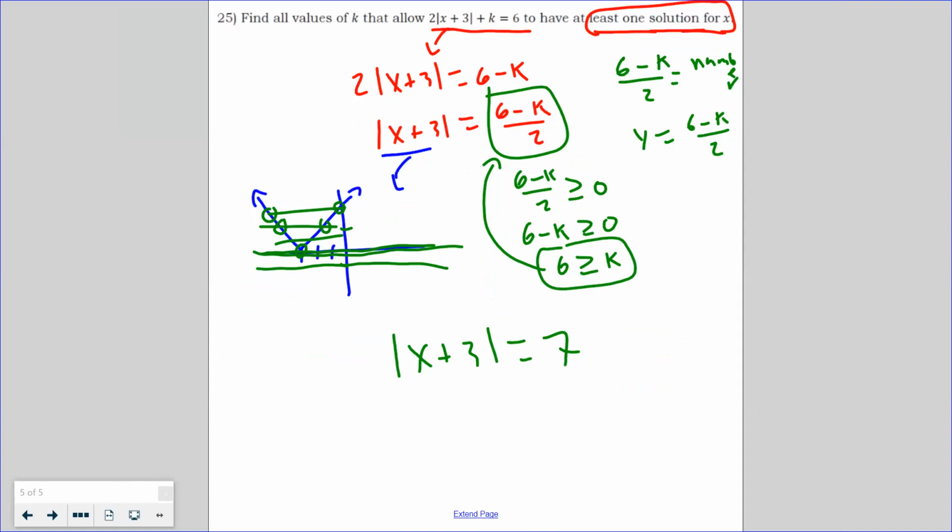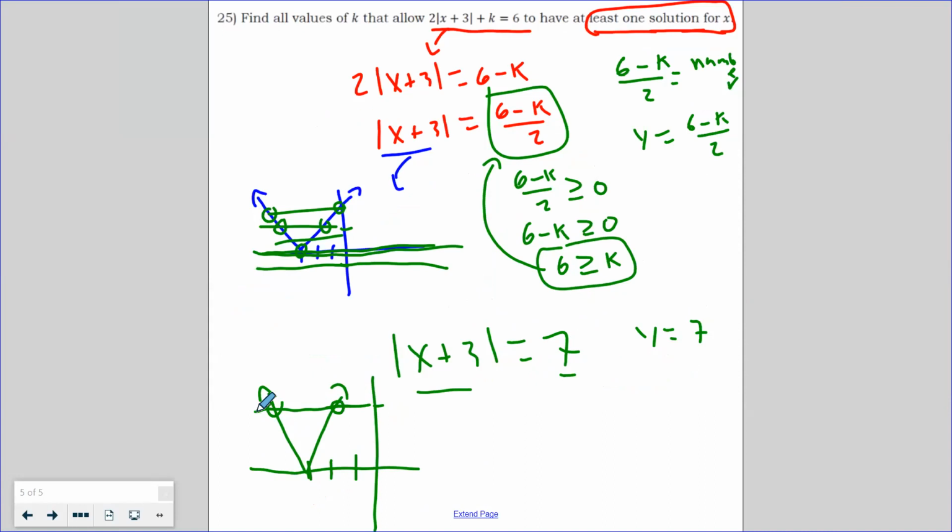When we solve graphically, remember we treat each side as its own graph. So I graph y equals the absolute value of x plus 3, which I did right here. Then I also graph y equals 7, right here. And where they cross, those are your two solutions.